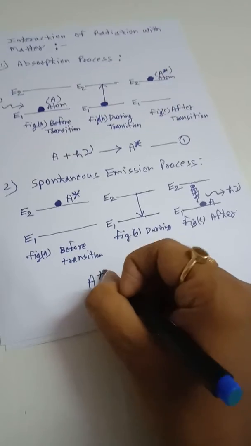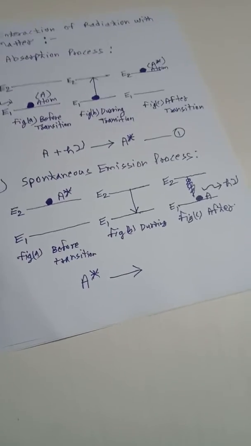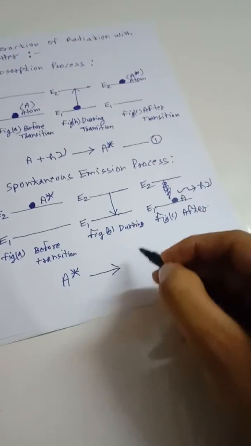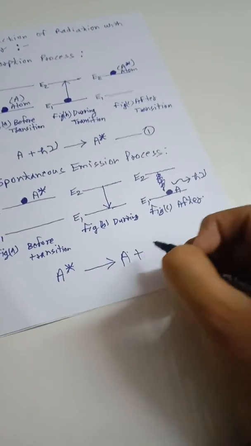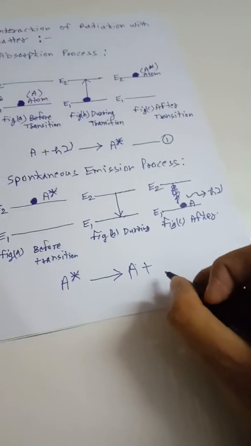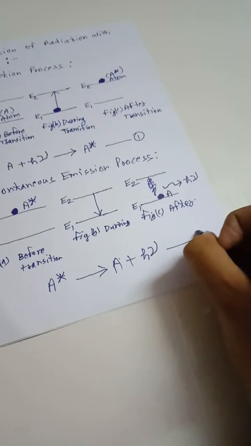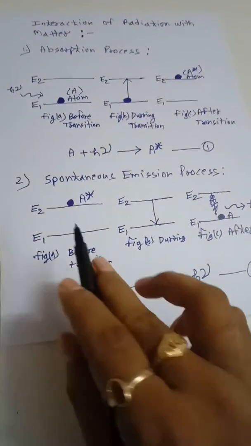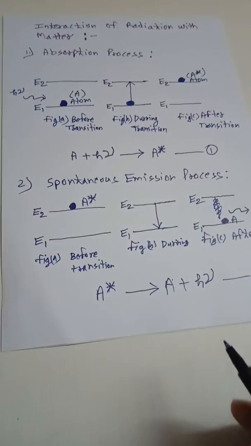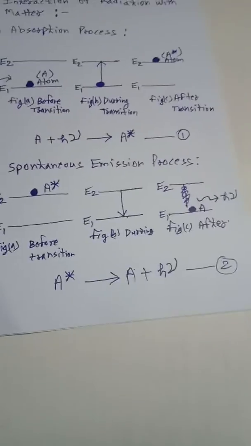A star completes its lifetime in the excited state, comes to the ground state and becomes A, releasing energy in the form of photons whose energy is h nu. This is equation number 2. This emission of photon is known as spontaneous emission of photon. I think you have understood the second process also.